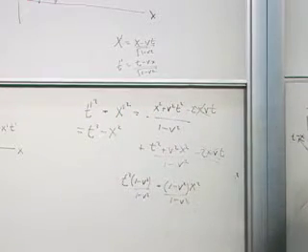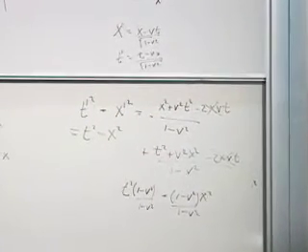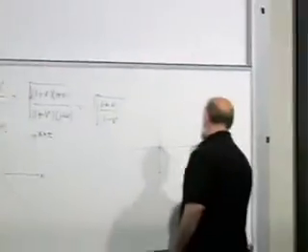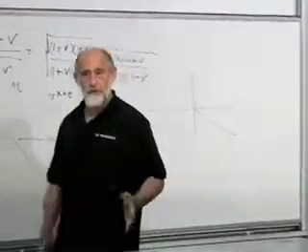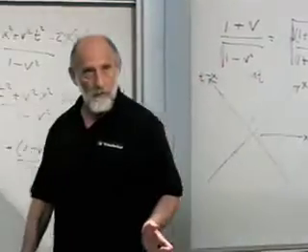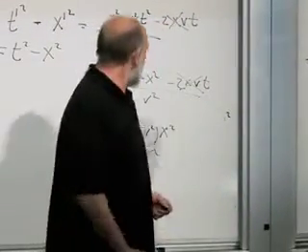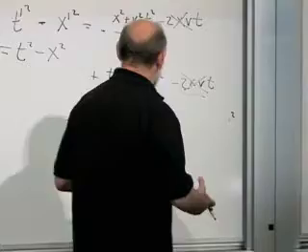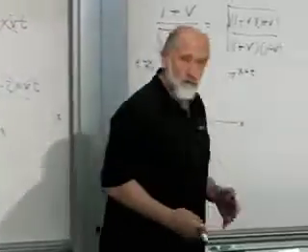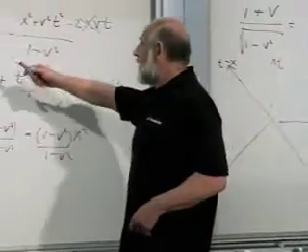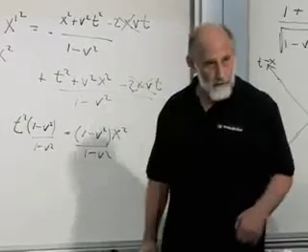Very much like when you rotate coordinates, the square of the distance from the origin stays the same. Now, a physicist would say that means that the quantity t squared minus x squared is invariant.